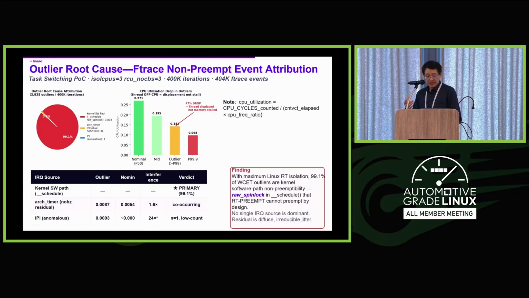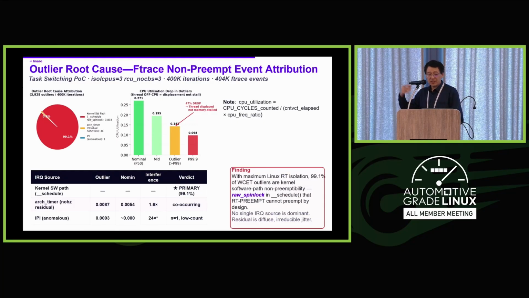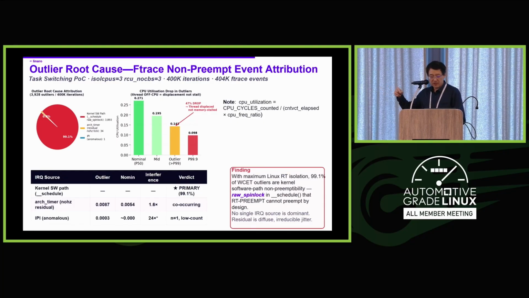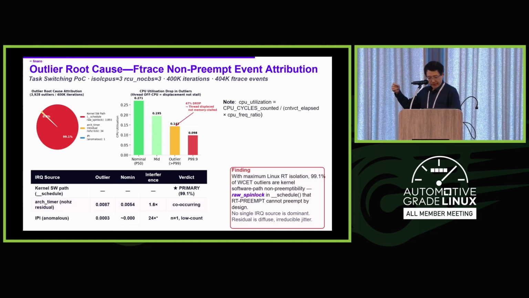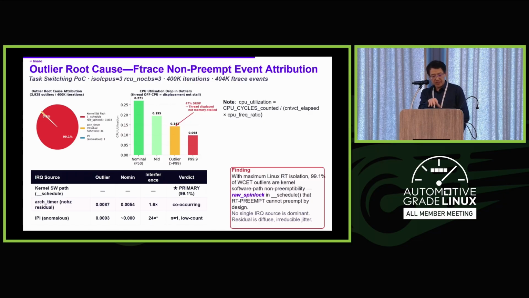So in this particular case, the task switching latency outlier means there's nothing we can do. It's an architectural ceiling. There's no single interrupt source that is dominant, and this is what we found by doing this pinpointing and looking at FTOS.